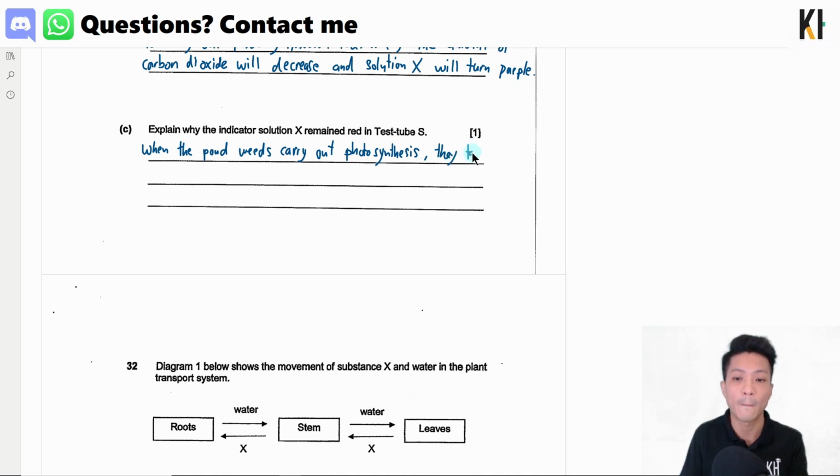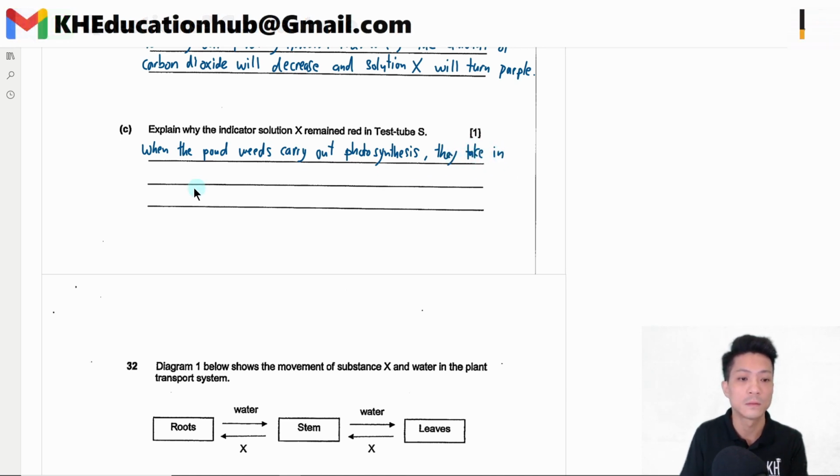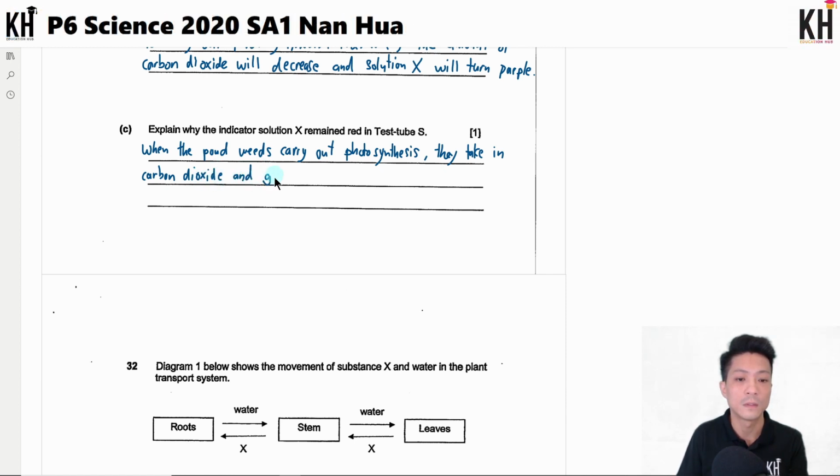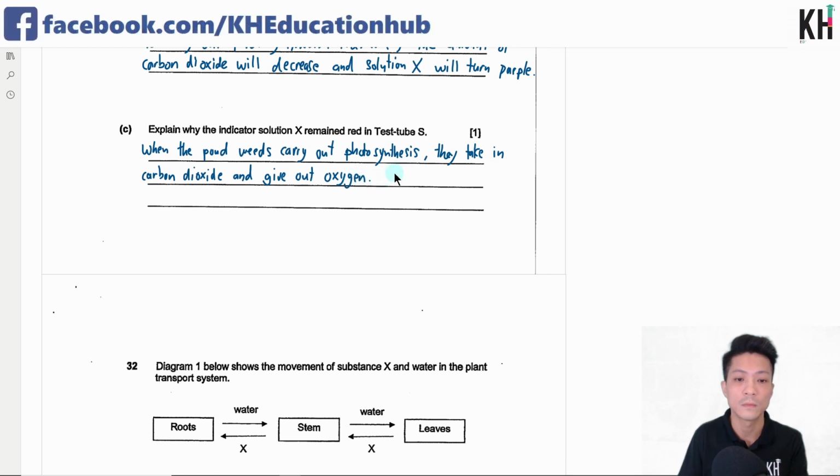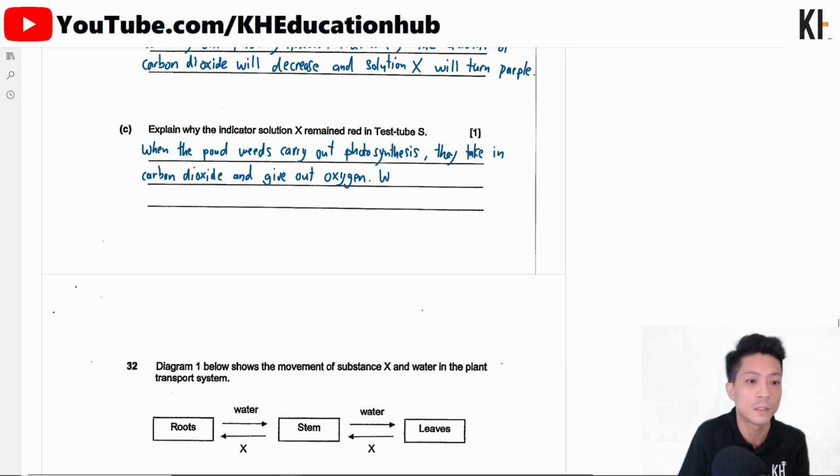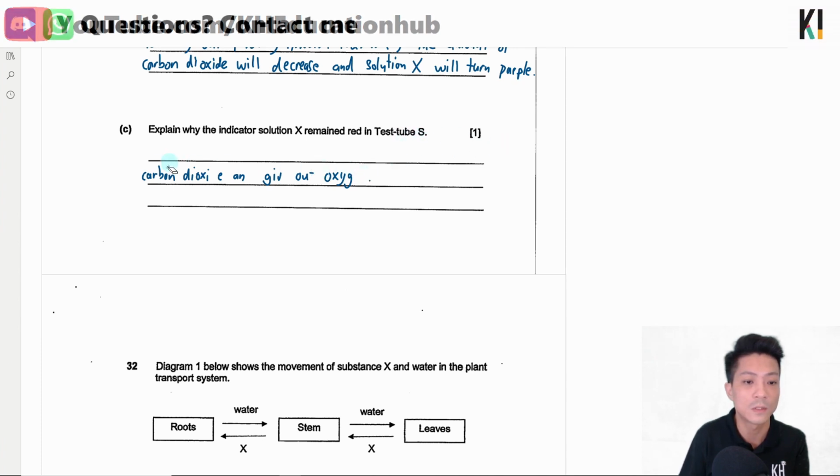They take in carbon dioxide and give out oxygen. I'm going to try and use a short answer because this will be a bit too long.